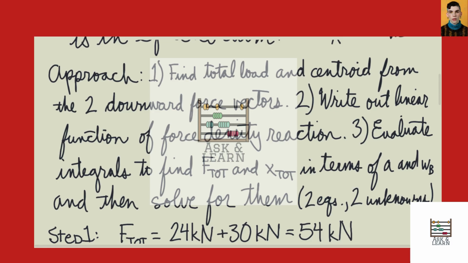We will evaluate integrals to find the total load, F sub tot, and centroid, X sub tot. We will write those in terms of the two parameters we're trying to solve for, A and B, and then we'll solve for them using those two equations. We'll solve for those two unknowns.